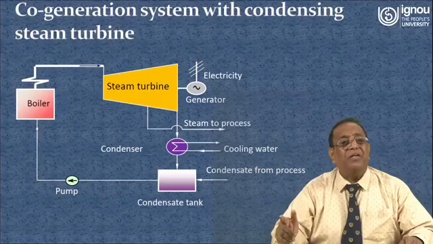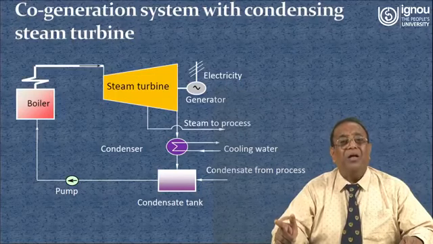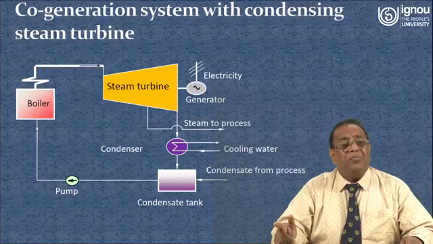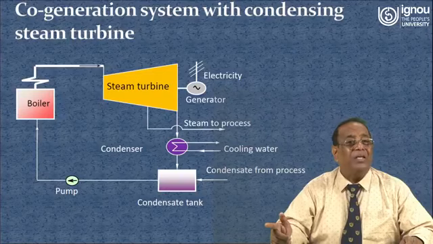The high pressure, high temperature steam enters into the turbine, and the expansion of steam takes place in the turbine, thereby doing work. The shaft of the turbine, which rotates, is coupled with the shaft of the generator, which produces electricity.